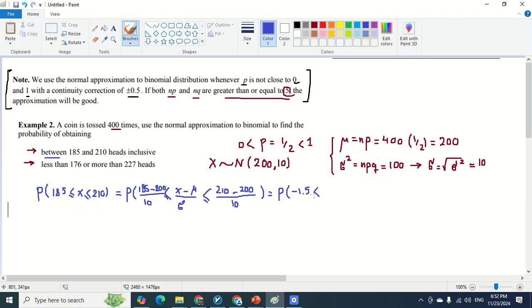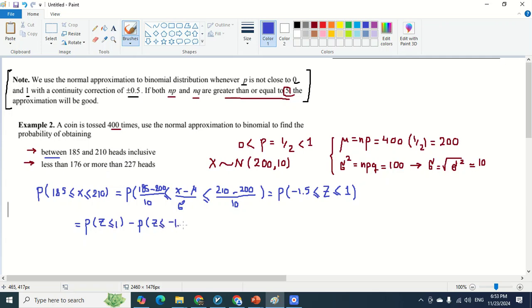Then we have z as a standard normal variable, and at the right side of this inequality we have 1. Because z is between two numbers, we can calculate this probability by evaluating the probability of z less than or equal to 1, minus the probability of z less than or equal to minus 1.5.